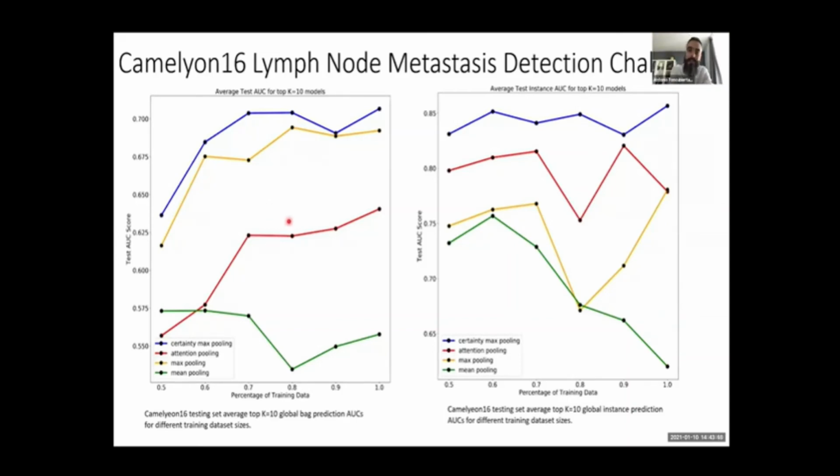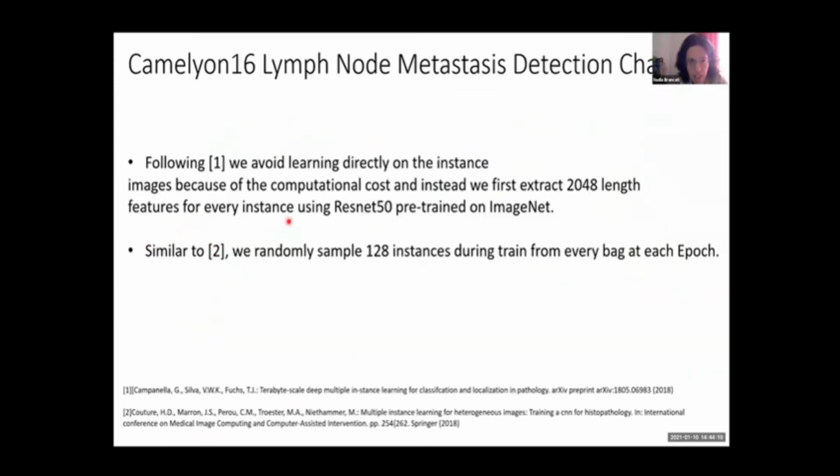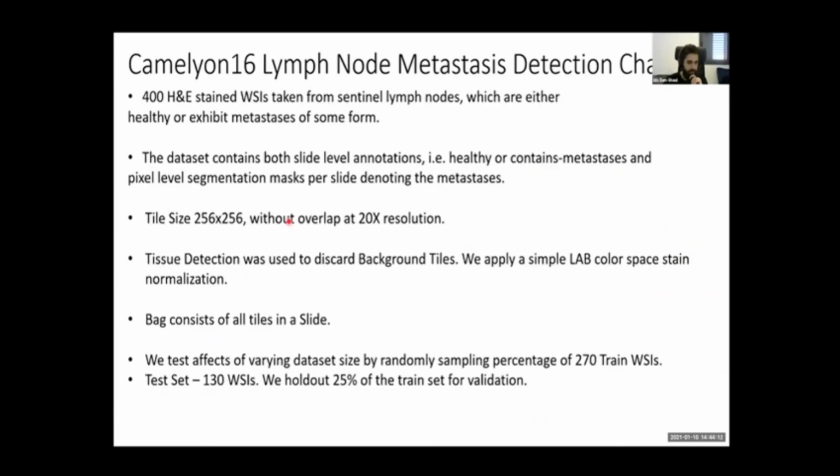I have a question. Thank you very much for your presentation. For the Chameleon 16 dataset, for the training, a bag is the set of all patches of the WSI, right? Yes, maybe I didn't mention this enough.